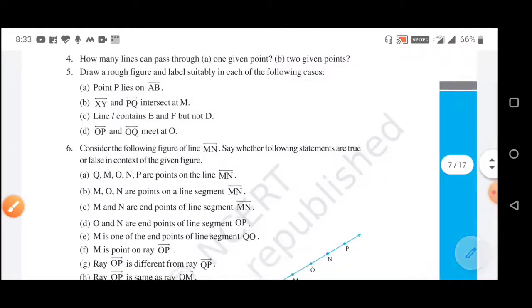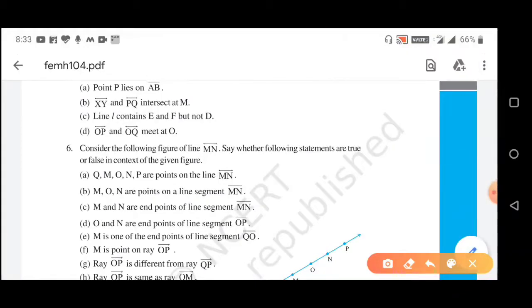Question number D, line OP and OQ meet at O. See, both the lines have one common point. What is the point? Point is O. So, these two lines meet at O. So, we can draw it like this.